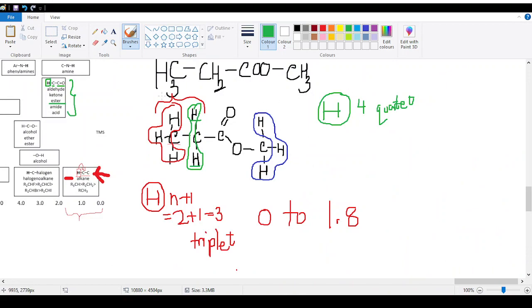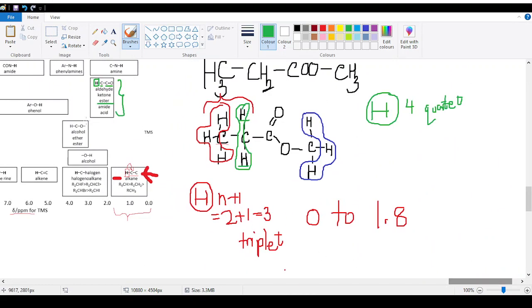So the values can be expected between this range, somewhere between here, a bit less than 1.8 up to 3. If I draw a line from here till here, it's from 1.8 till 3, something like that. Is this fine or not?